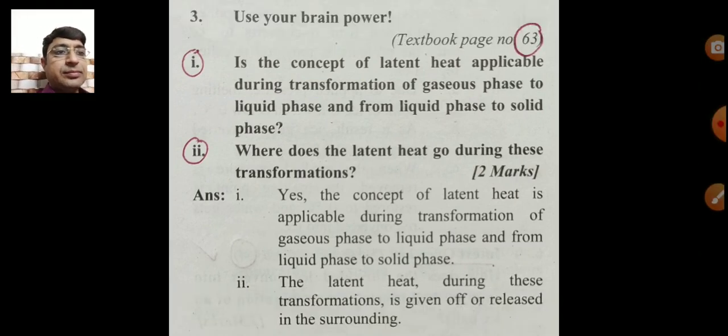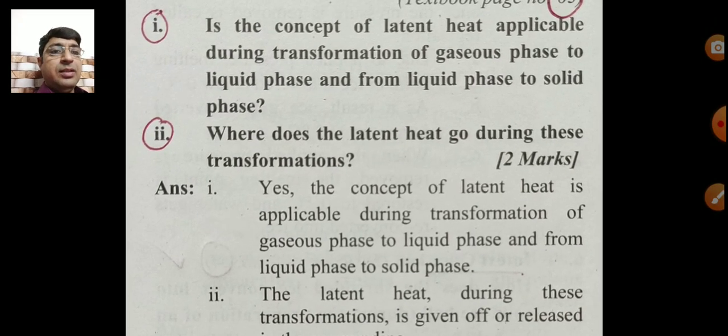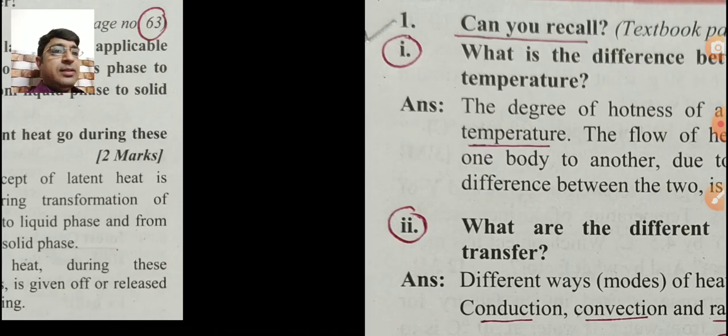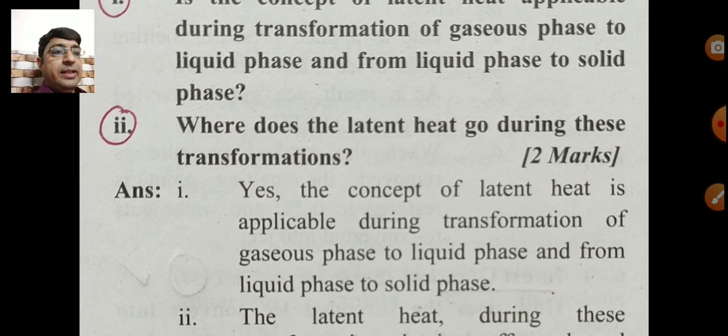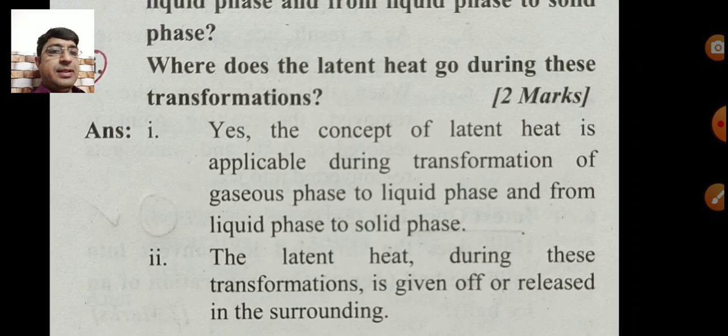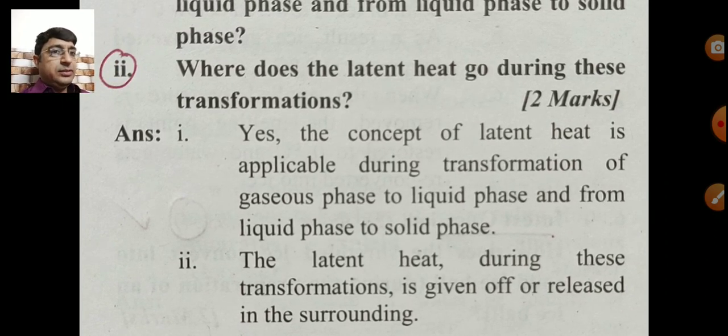First one. The answer of the first point is yes. The concept of latent heat is applicable during transformation of gaseous phase to liquid phase and from liquid to solid phase. And the second one, where does the latent heat go during this transformation?